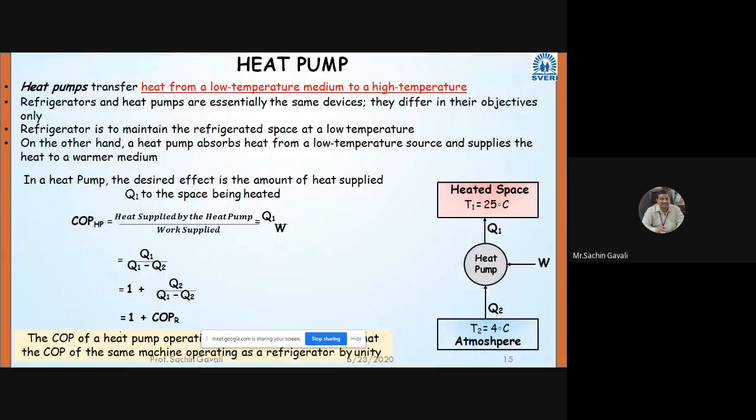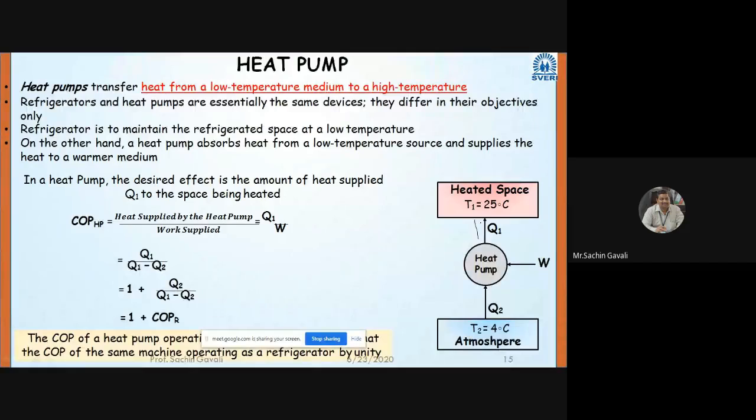Then the heat pump, working on the same lines as the refrigerator. The heat pump objective is how much heat is supplied to the room space, the heat supplied by the heat pump to the room. Here the objective is Q1, not Q2.